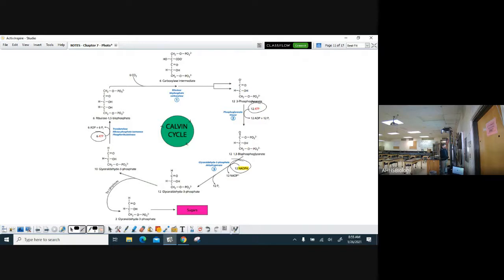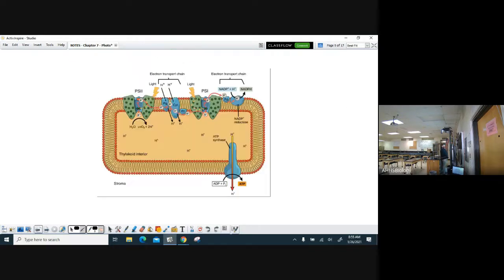Okay. The problem is the light reactions. These things make relatively equal amounts of NADPH and ATP. And that means that if the light reaction just continues as we talked about it, it's going to produce either not enough ATP or an excess of NADPH. And those are both bad things, because that's just not how photosynthesis in a chloroplast is supposed to work.